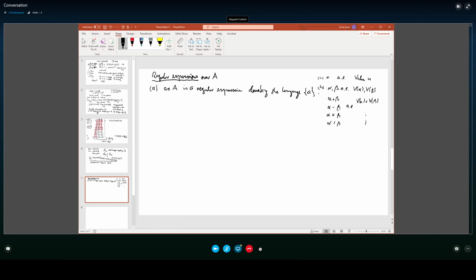So this looks just as ridiculously simple, and yet you can define all arithmetic expressions that way.